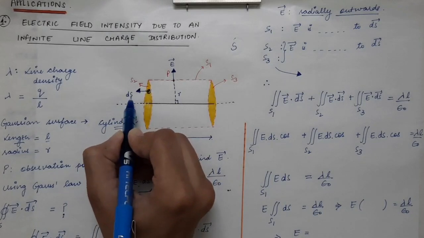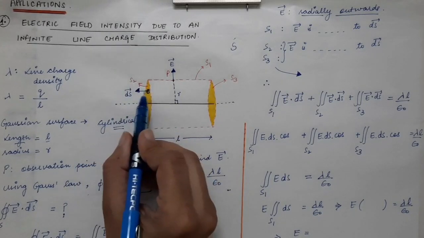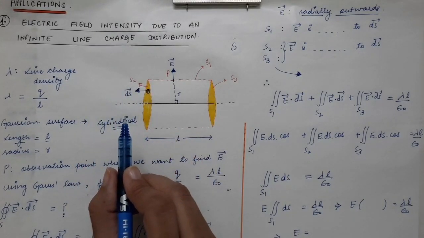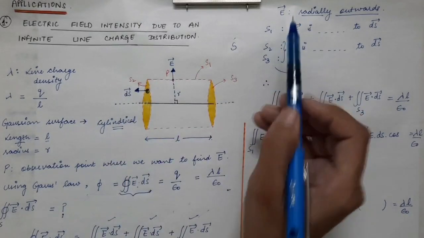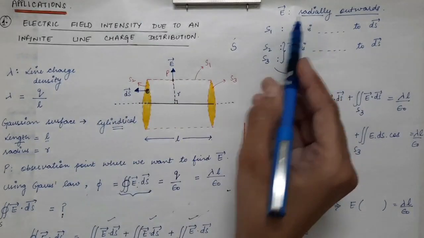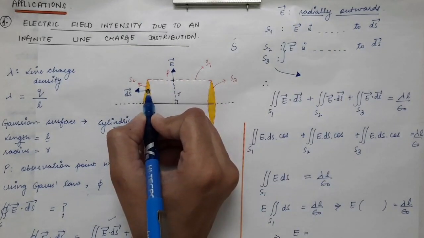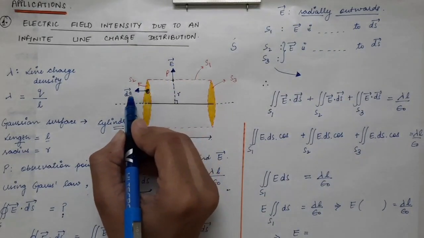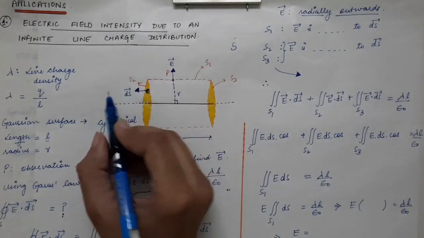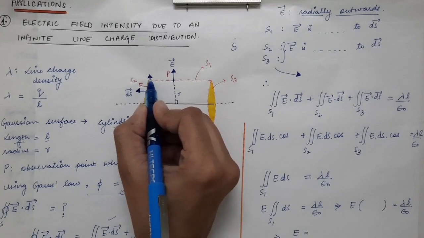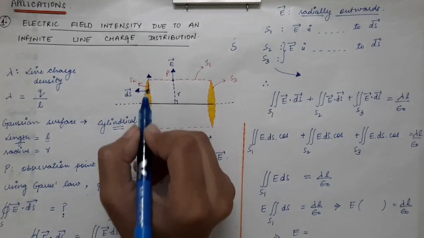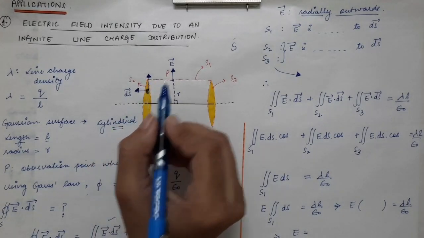So the ds vector for the S2 surface will be pointing towards the left hand side, and the electric field intensity, as we already said, is radially outward. So at this point, the surface area vector is pointing left, while the electric field intensity will be pointing in the upward direction, radially outwards.